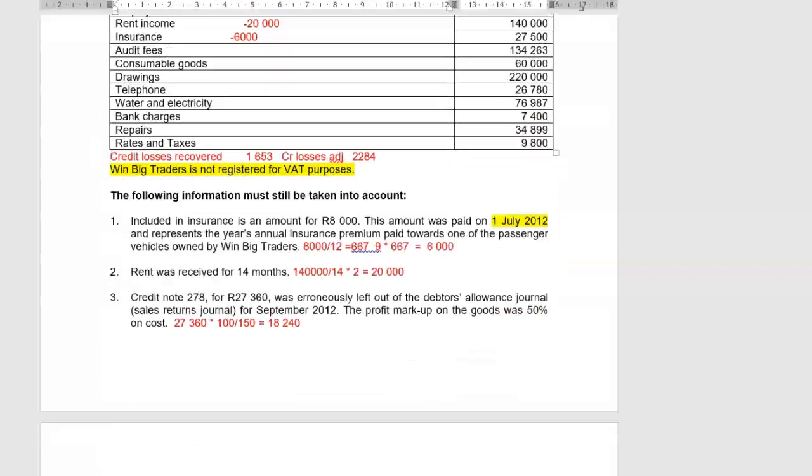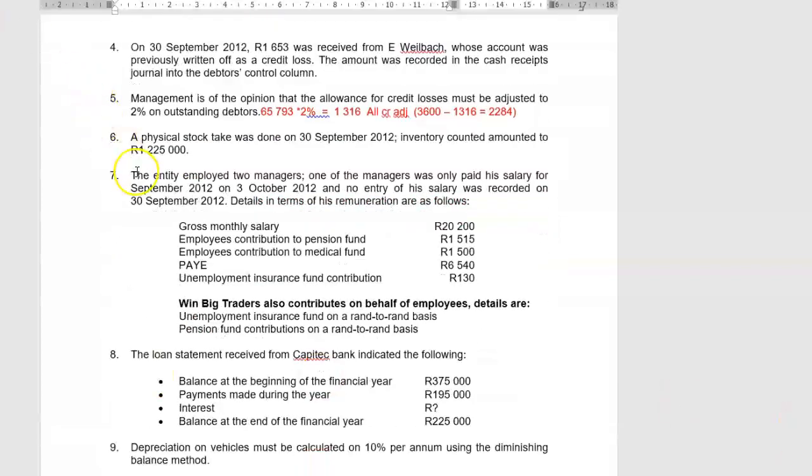Good. Now number 7. The entity employed 2 managers. One of the managers was only paid his salary for September 2012 on 3 October 2012, and no entry of his salary was recorded on 30 September 2012. Details in terms of his remuneration are as follows. Gross monthly salary 20,200, then his contribution to the pension fund, his contribution to the medical aid fund, his contribution to pay as you earn, and then his contribution to the unemployment insurance fund.